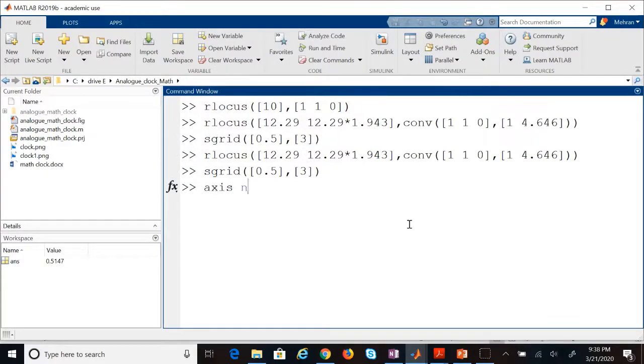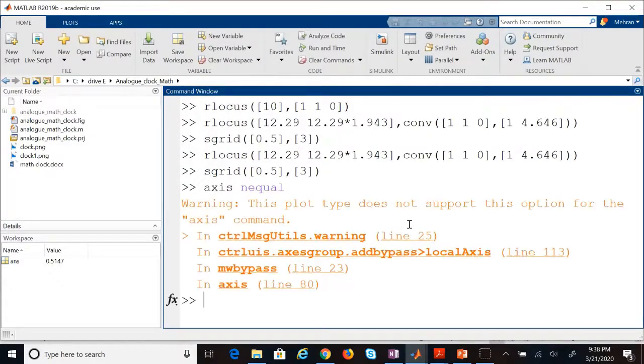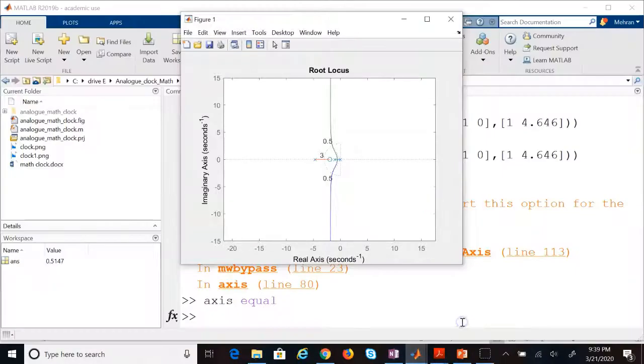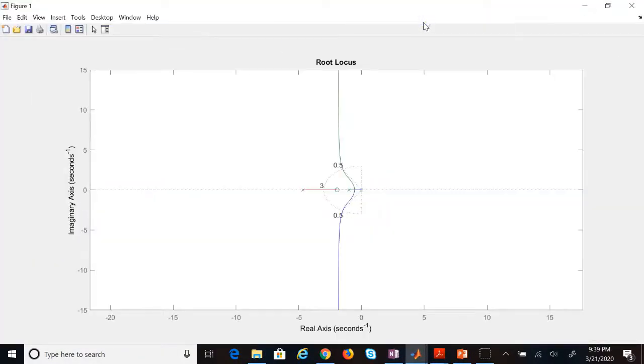Let me see if I can use x as equal for this command, not n equal. There we go. Now it is really what I need. And I should be able to click somewhere like that and then drag it very close to where I want. So as you can see here, it's very close.